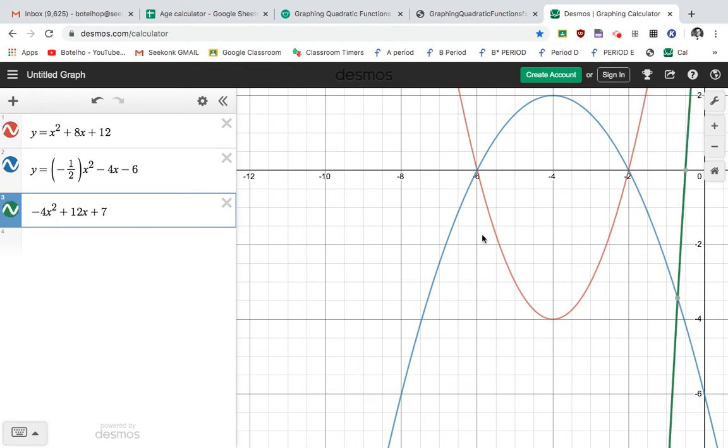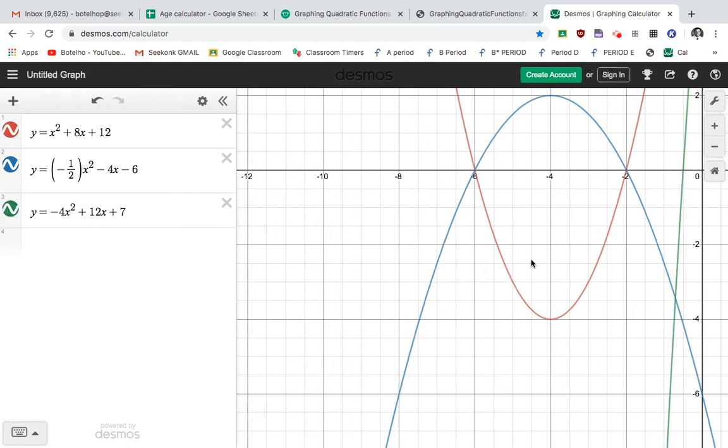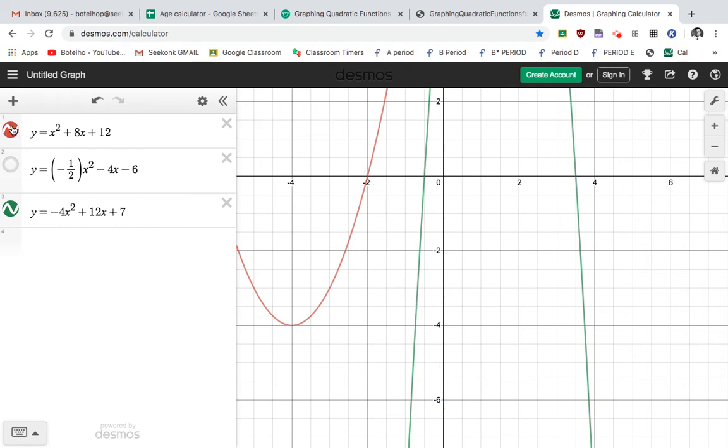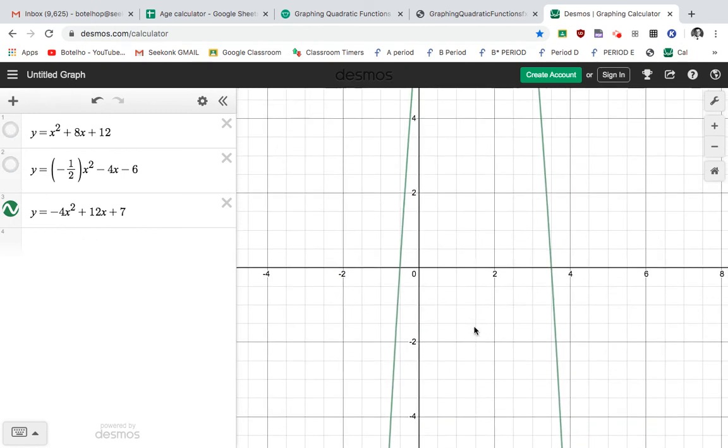So when we factored this and we did our normal factoring routine, y equals, I think with this one you'd factor out the -12. I'm sorry, the -4. Factor out the -4. Look at the solutions here. If I unhighlight these and just look at the green, I would have solutions at -1/2 and 3.5.